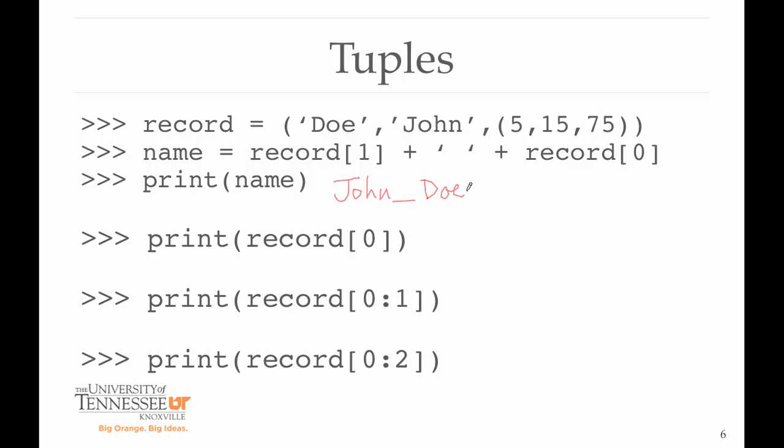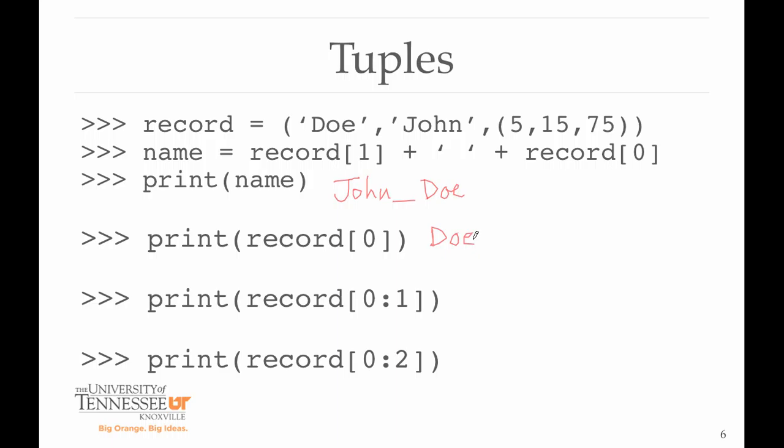Now, if you were to access a particular object out of the record, in this case indexed at 0, you know what that is. We've already said this. That would be fairly simple, just to get the last name. So this second print will do nothing but print Doe.